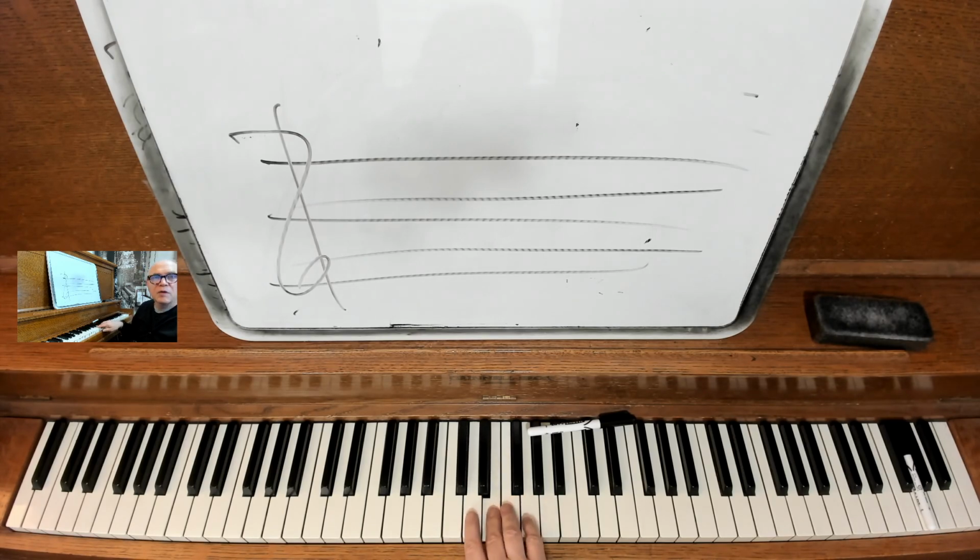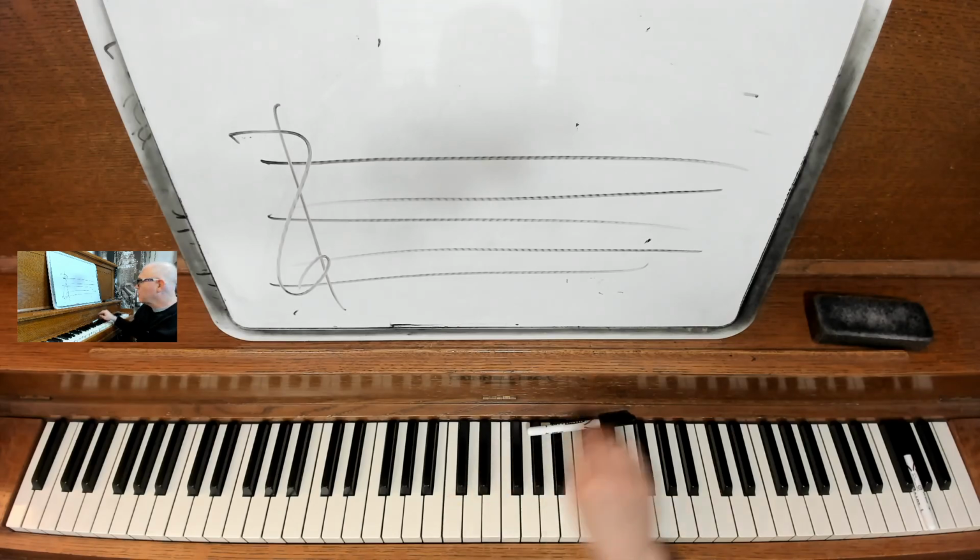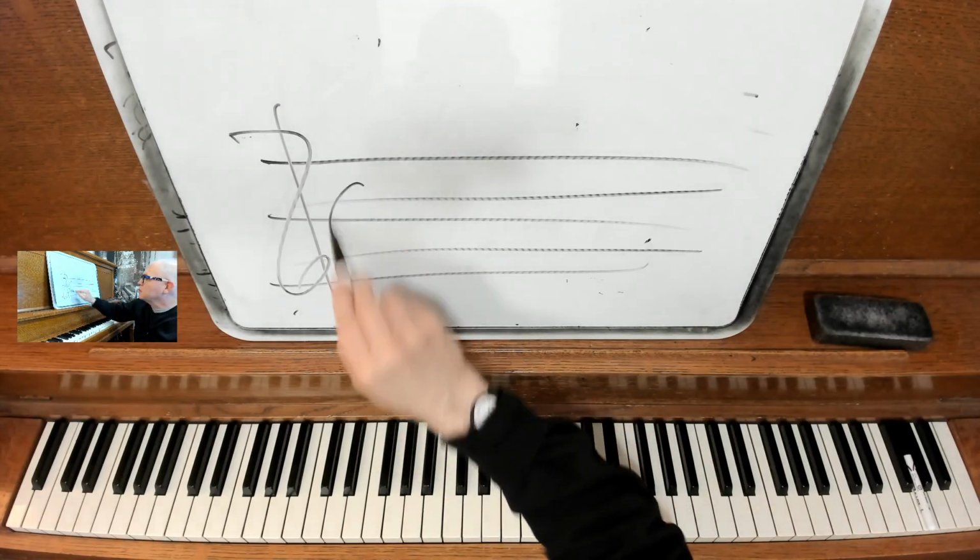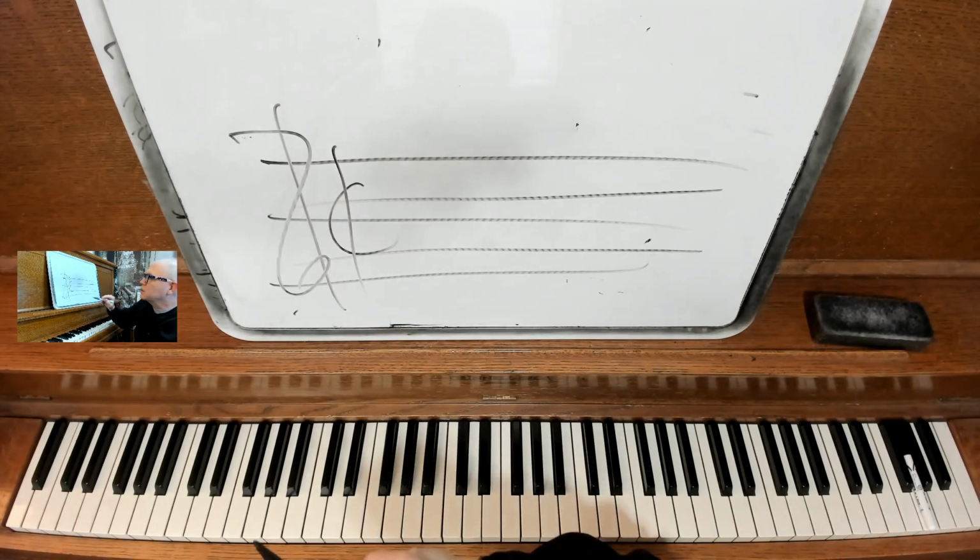I come from Alabama. You could play it slower, but I think it's probably better in 2. I actually have it in 4 in my book, but again, you're starting on an incomplete measure. If you're playing it in 2, this is the symbol for cut time.